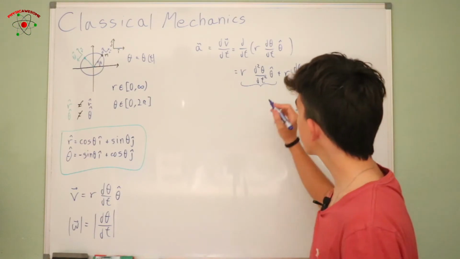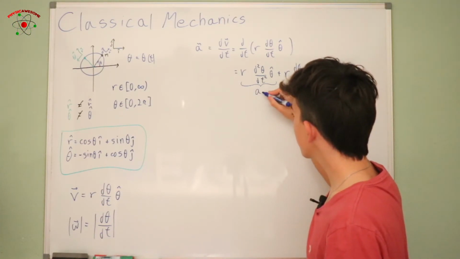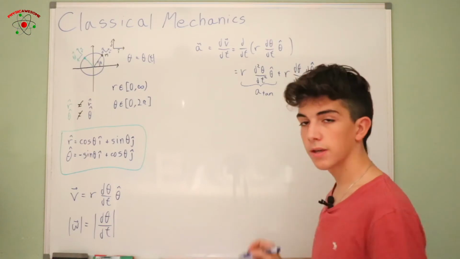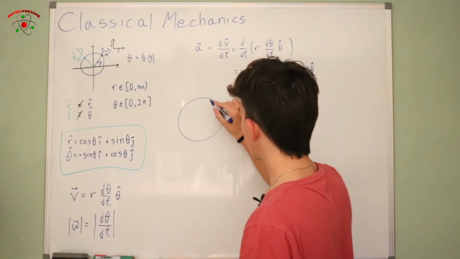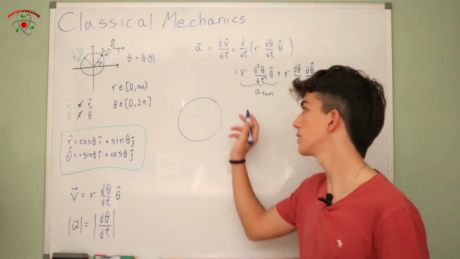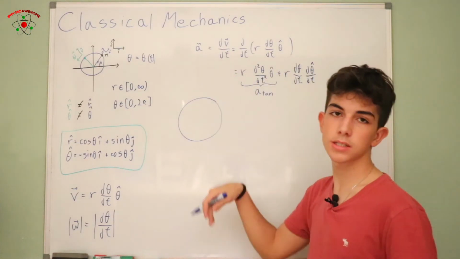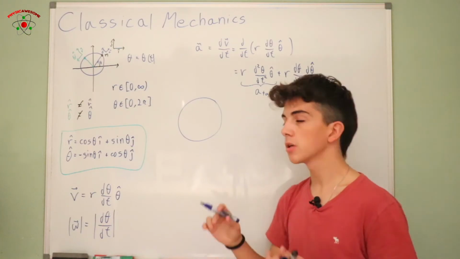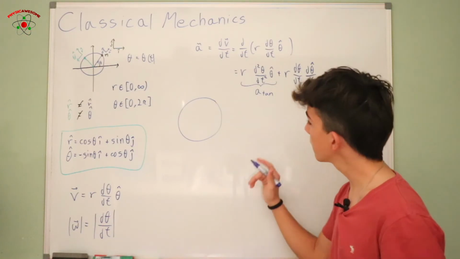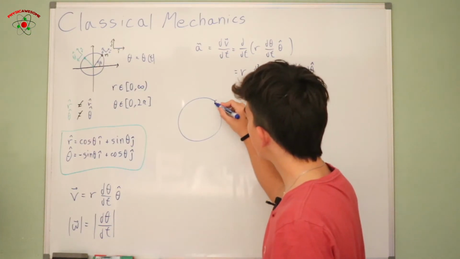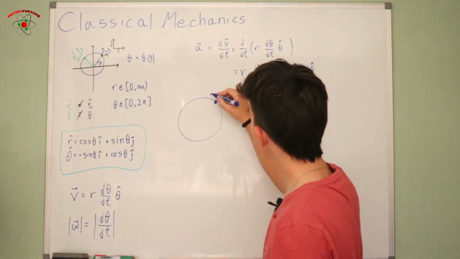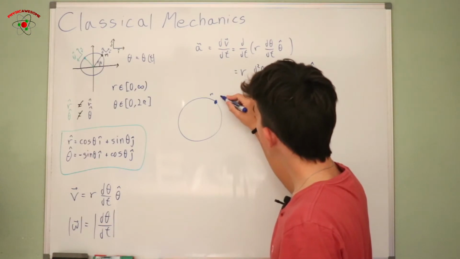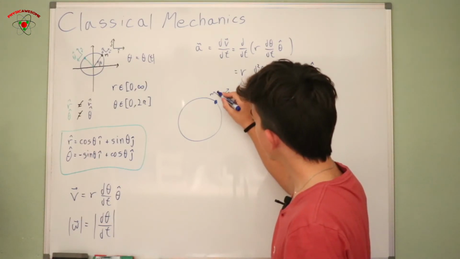This component is going to be called a tangential, and we will soon see why. If we have our circle in which our mass is revolving, I'll skip drawing the reference frame so that the picture is more clear. We will have our mass around here, our mass m, and once again these will be our unit vectors r hat and theta hat.